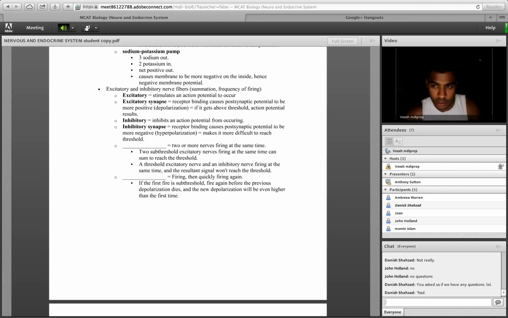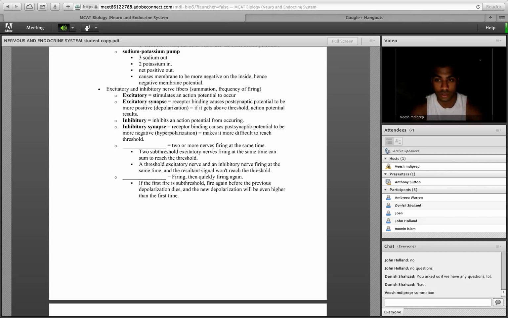Now, another property of these action potentials, or the way these nerves fire, is going to be that blank right there, summation. So summation is when you have two or more nerve fibers being transmitted at the same time.